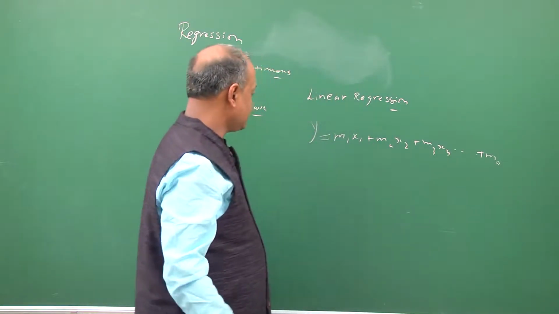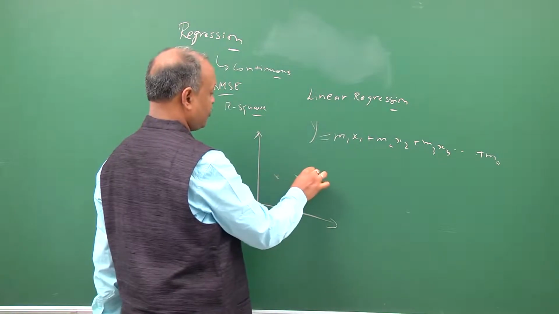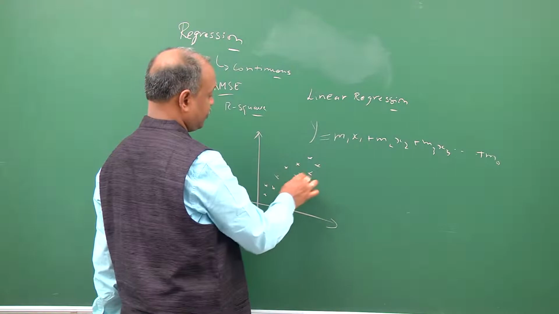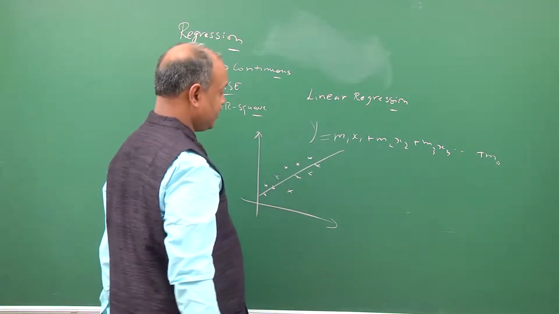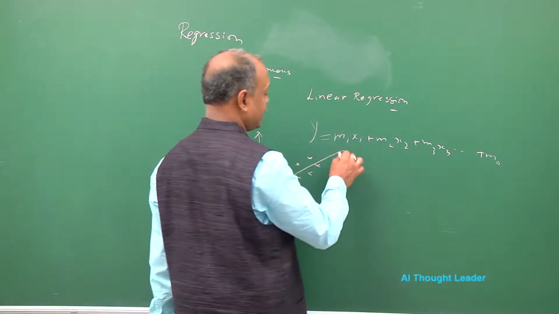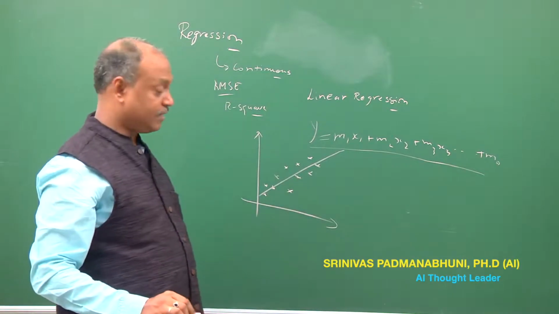The basic idea is, if you have a set of data points, you can approximate it with a straight line, and you feel that straight line is good enough to capture the data present in the original data.